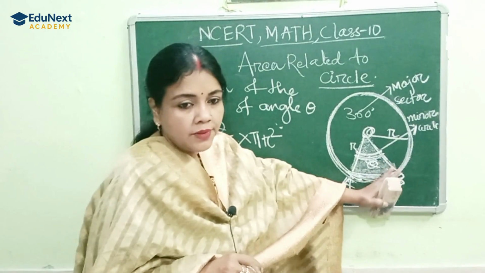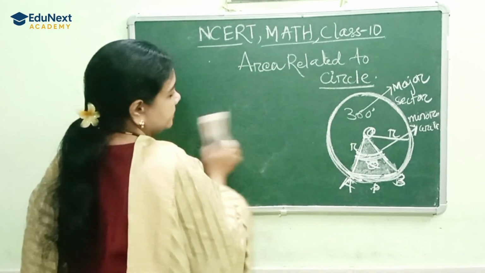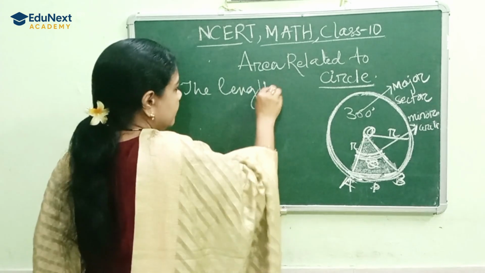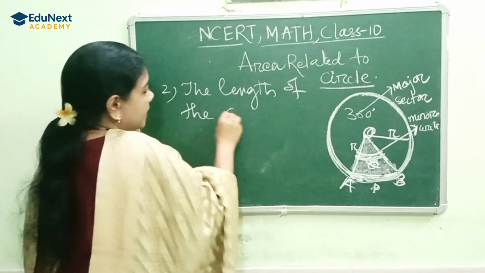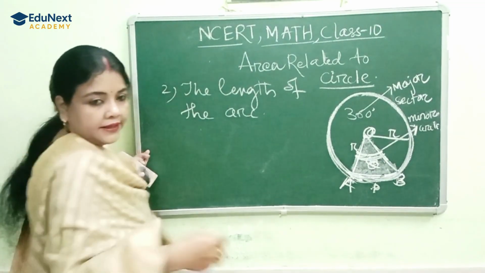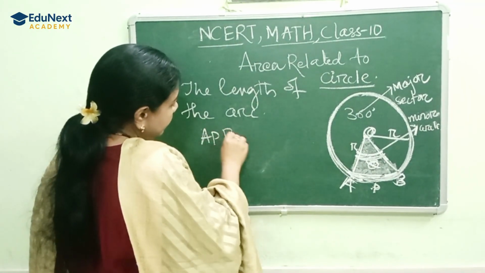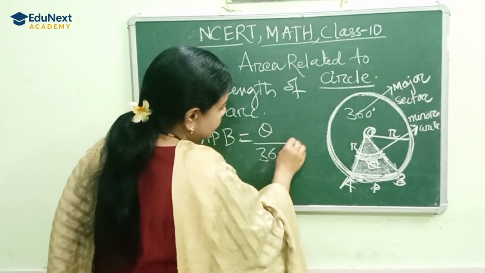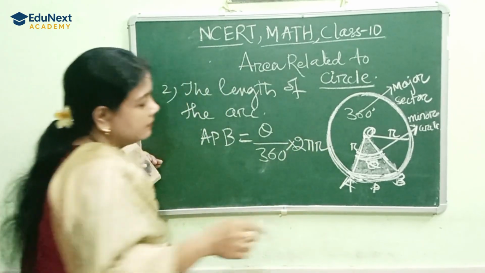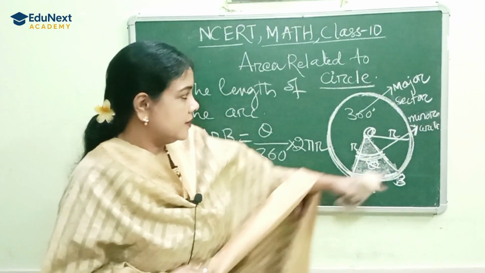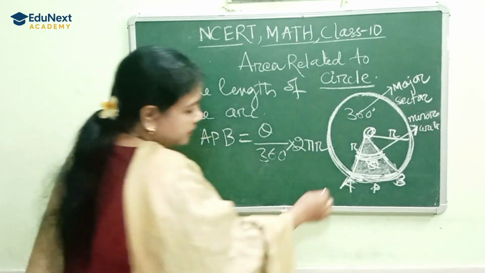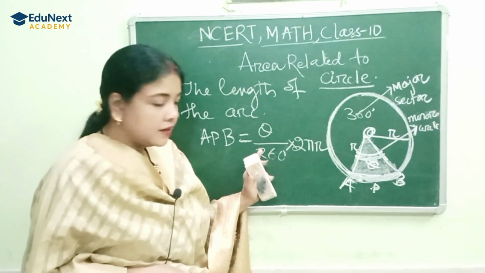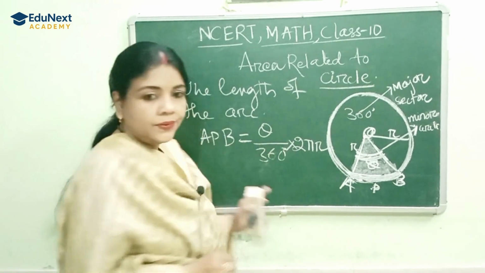Now the length of the arc APB is theta by 360 degree into 2 pi r. Here 2 pi r is the whole circumference of the circle, but arc is a portion of that 2 pi r. So that's why it is multiplied by theta by 360 degree into 2 pi r.